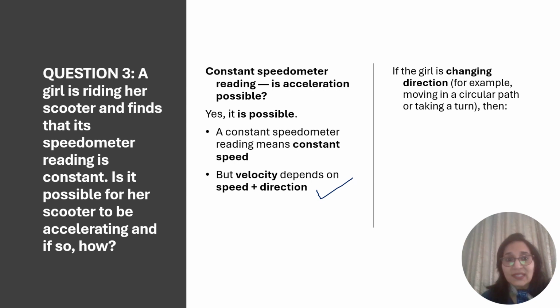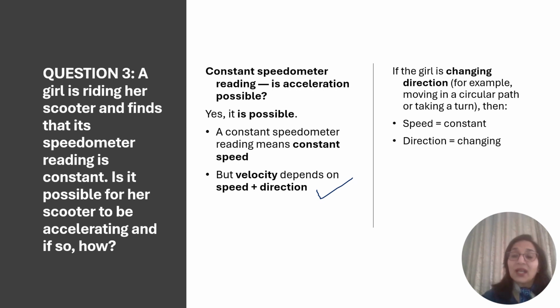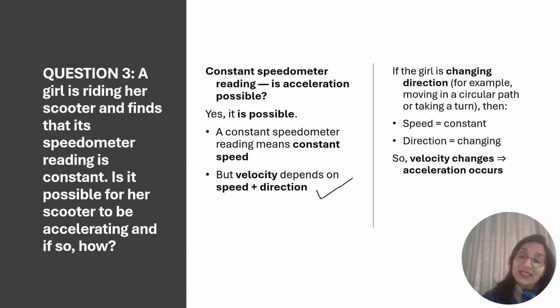Now, the question is, a girl is riding a scooter and finds that the speedometer reading is constant. So, if the girl is changing direction, for example, she is moving in a circular path or she is taking a turn, then speed is constant but velocity changes.